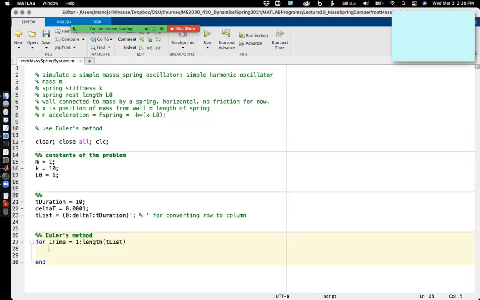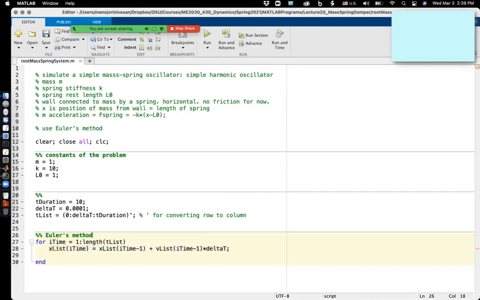And then we can do something like x of i time equals x of i time minus 1 plus v of i time minus 1 times delta t, something like this. We can call this x list here and the v list here, just to make sure that they're called lists.